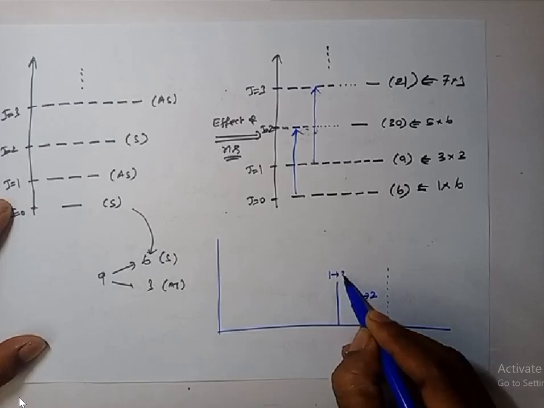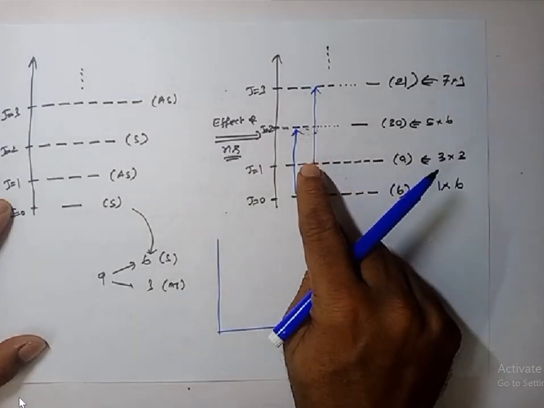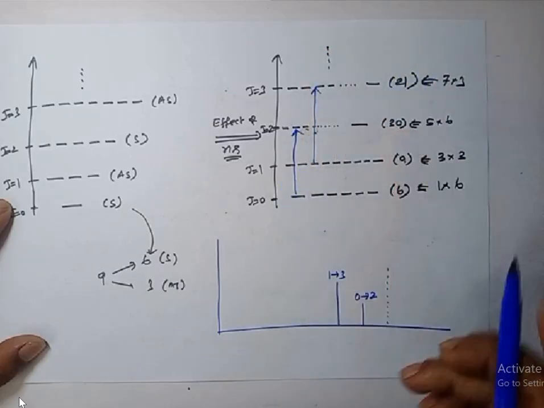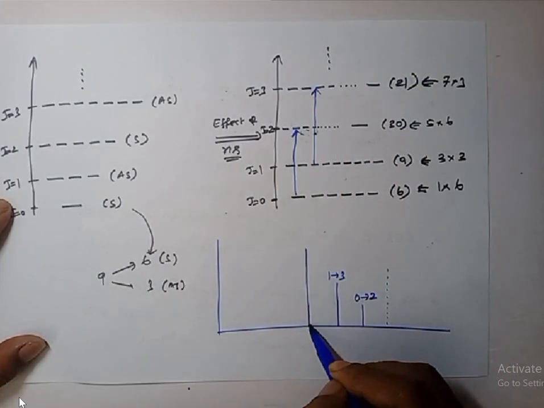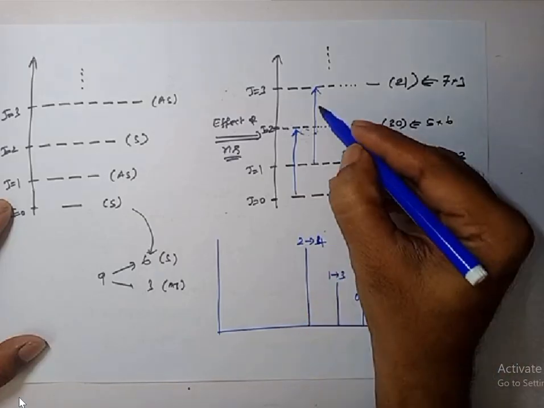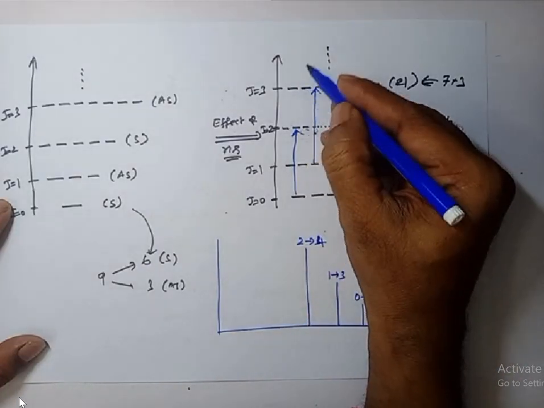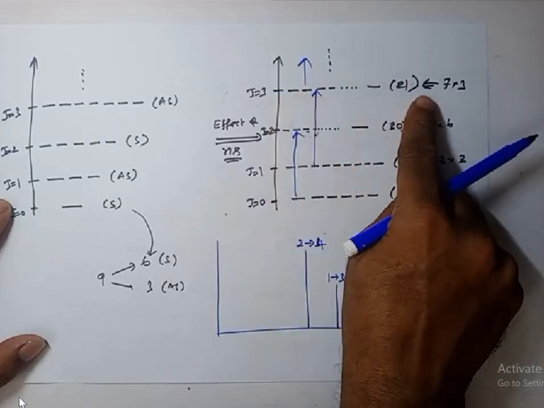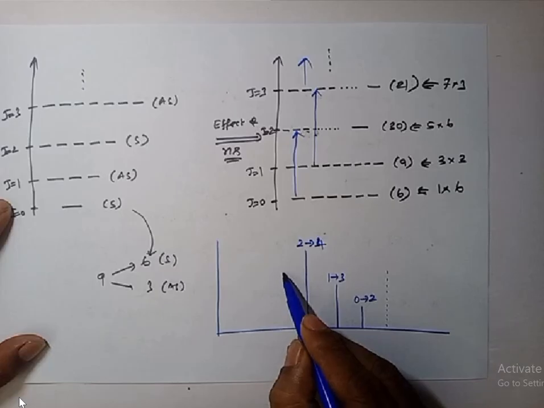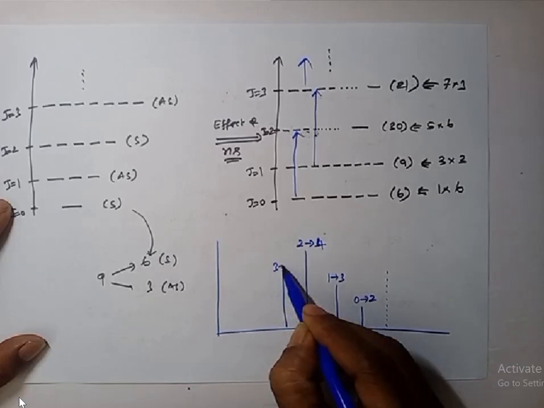Then 2 to 4, observe carefully, here I have 30 states. So the 2 to 4 transition will appear with a very high intensity. Then after 2 to 4, 3 to 5. For 3 to 5, I have only 21 states, which compared to this is less. So the 3 to 5 intensity is somewhat less.